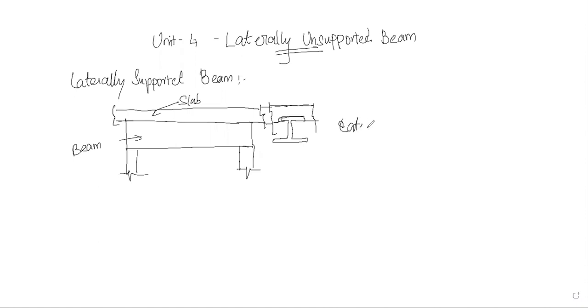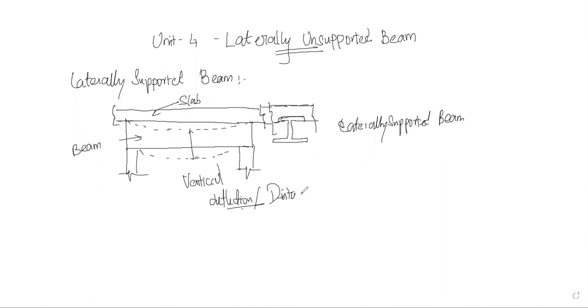So in a laterally supported beam, the structure can have deflection along with the slab deflection. So I can have only vertical displacement, vertical deflection. There is no horizontal movement.